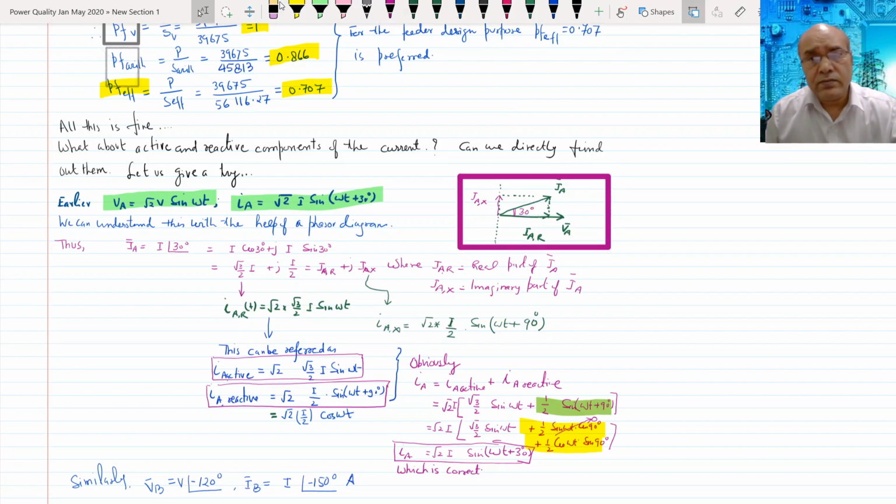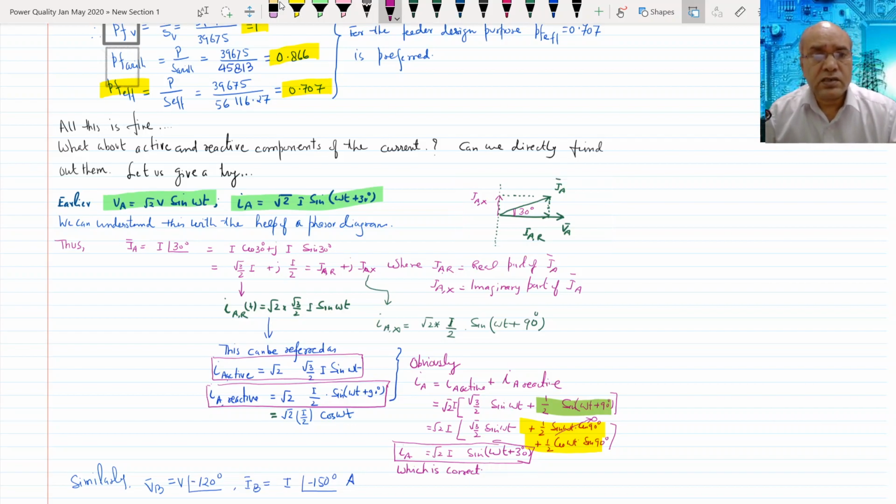Now this diagram shows that the current I leads the voltage. Therefore, the phase angle between the current and the voltage is 30 degree, and hence we can write this is IA phasor.